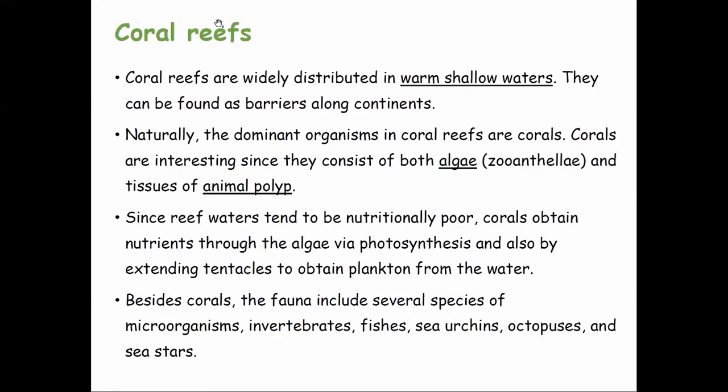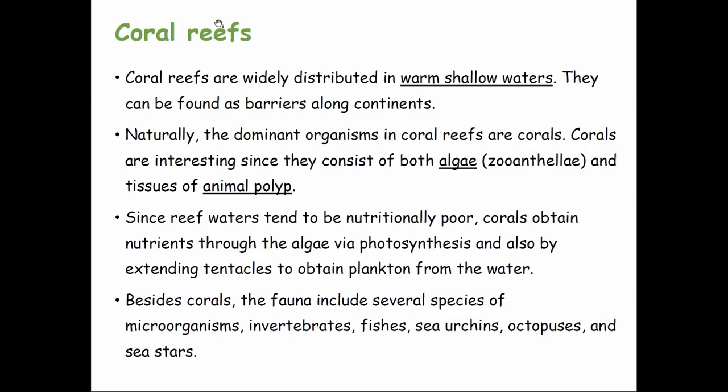Coral reefs are widely distributed in warm, shallow waters. They can be found as barriers along continents. Naturally, the dominant organisms in coral reefs are corals, and because of that it's known as coral reefs.